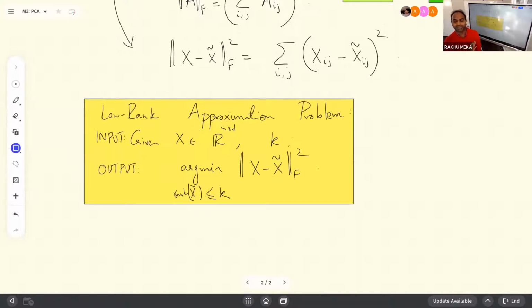That's a very important problem in data mining: given your data set, I want to find a low rank approximation to the whole matrix. Any questions about the formulation?